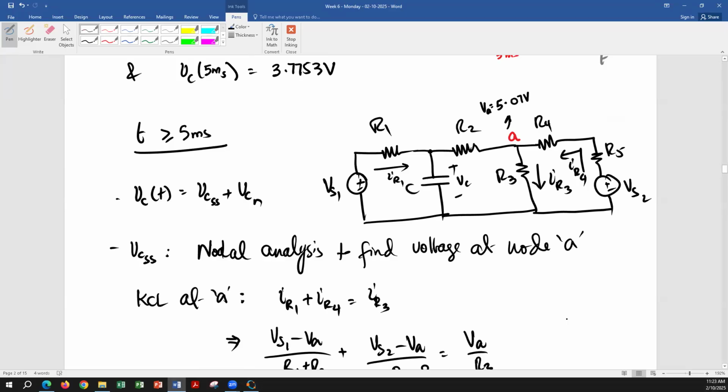So far we were only figuring out the steady state voltage across the capacitor, the first part.